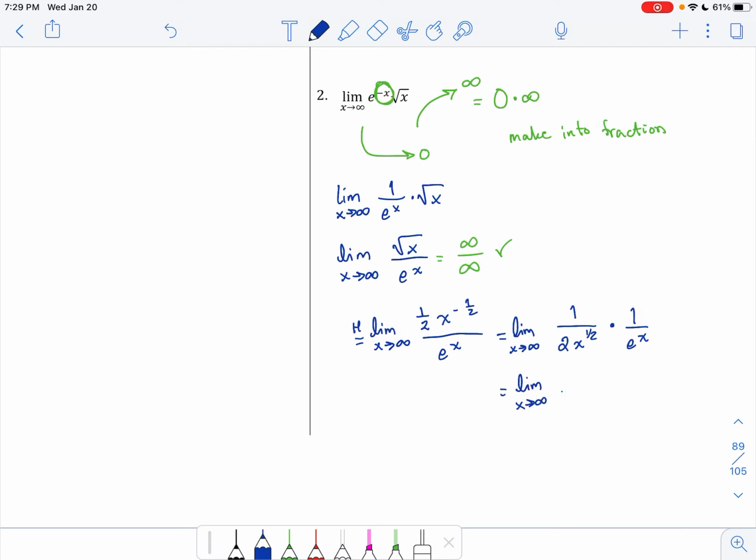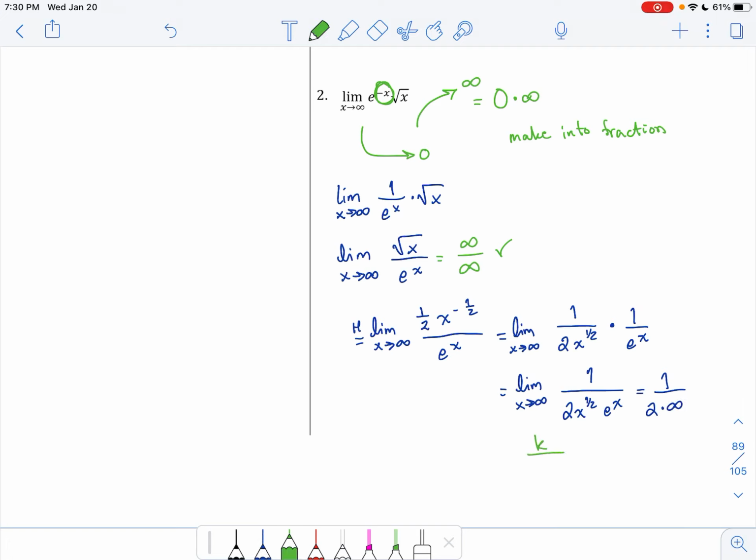That's the limit as x approaches infinity of 1 over 2 root x, e to the x. And when I plug in infinity here, I end up with 1 over 2 times infinity.